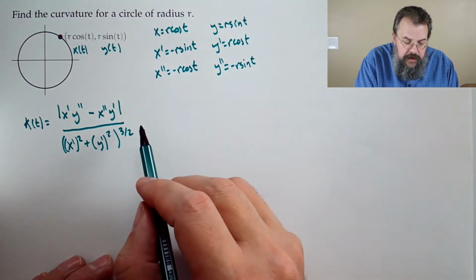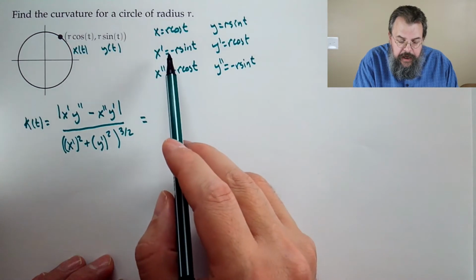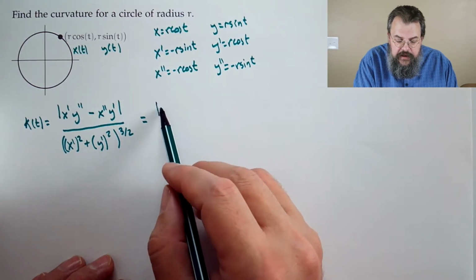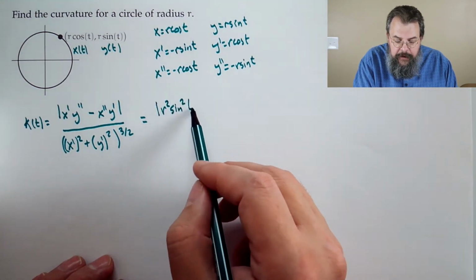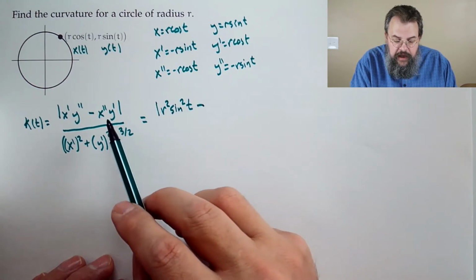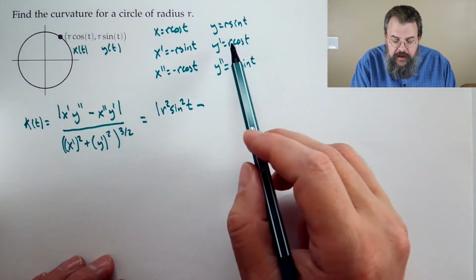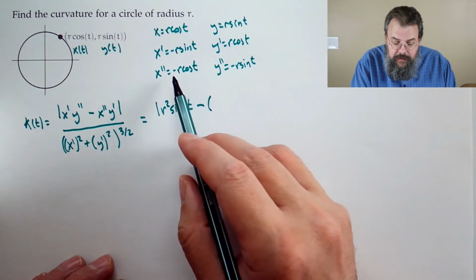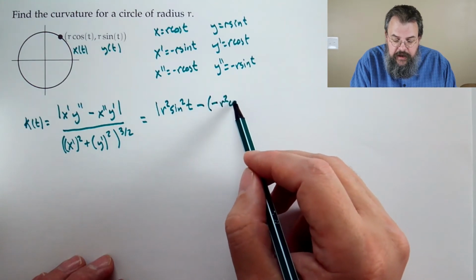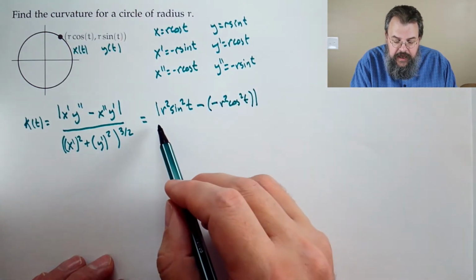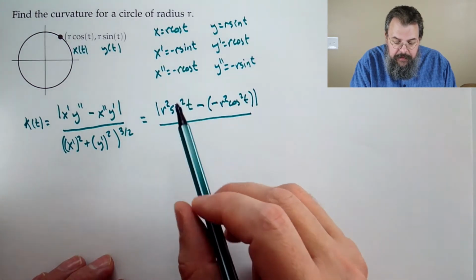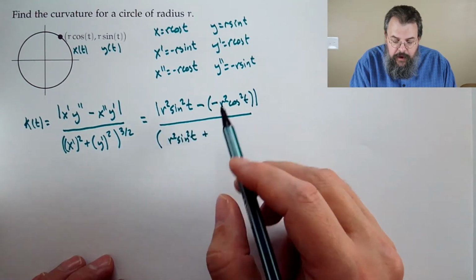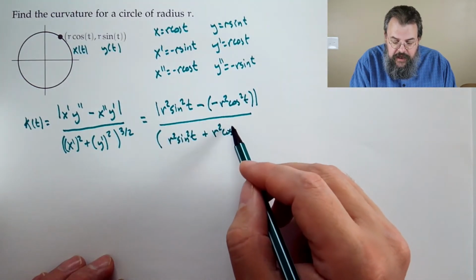So we get the following. x prime times y double prime, you'll get a positive r squared sine squared, minus x double prime times y prime. Again we get an r squared, but there's a minus sign, so we're subtracting negative r squared cosine squared. Divide that by x prime squared, which is r squared sine squared, plus y prime squared, r squared cosine squared, to the 3/2.